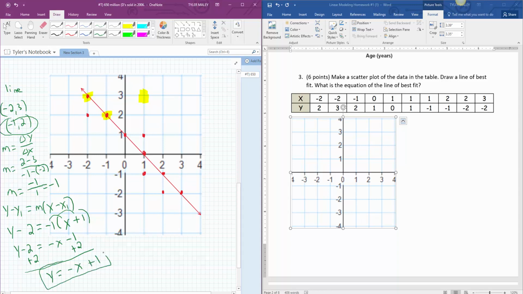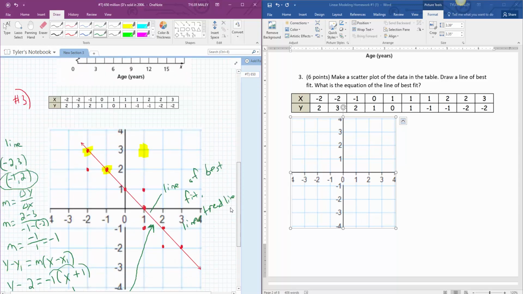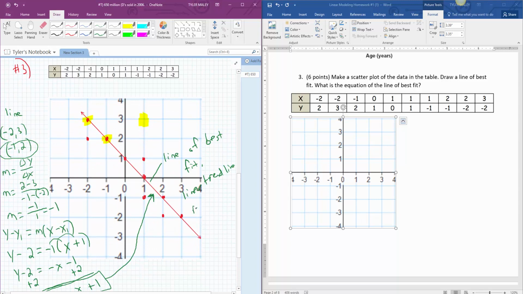So this is the equation of this red line, and this is my line of best fit. We can also call this the linear trend line. It's also called a regression line.